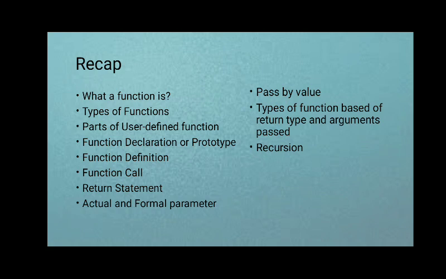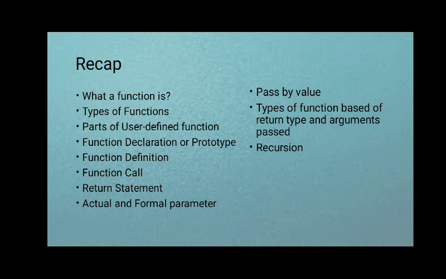And once the definition is over, we have to use the function, and this is done by using a function call. Calling of the function is a process by which we activate the function to start the process execution.